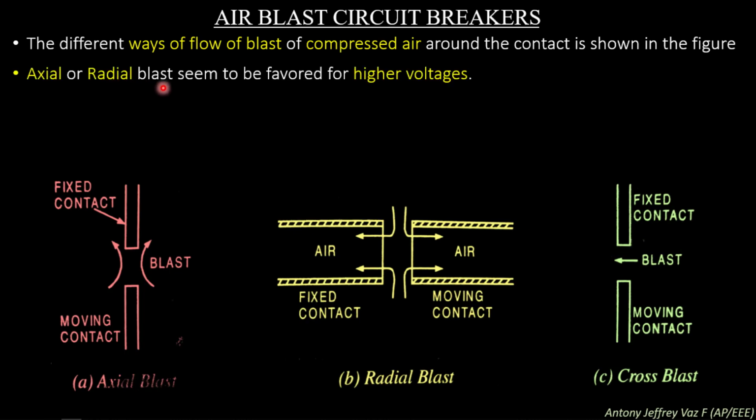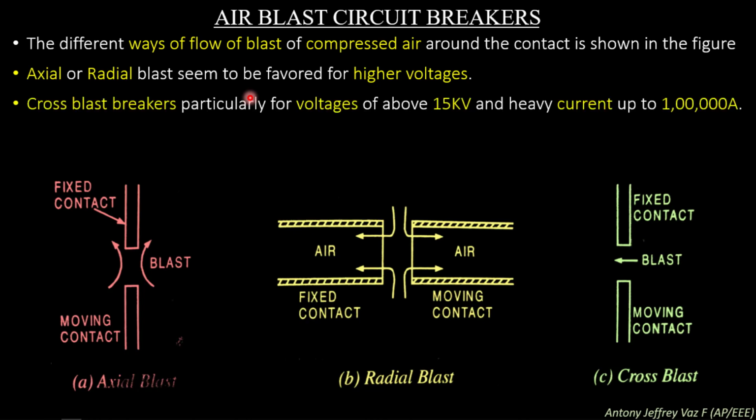Axial or radial blast seem to be favored for high voltages. So, axial blast and radial blast are used for high voltage circuit breakers, whereas cross blast breakers are used particularly for voltages above 15 kV and heavy currents up to 1 lakh amperes.